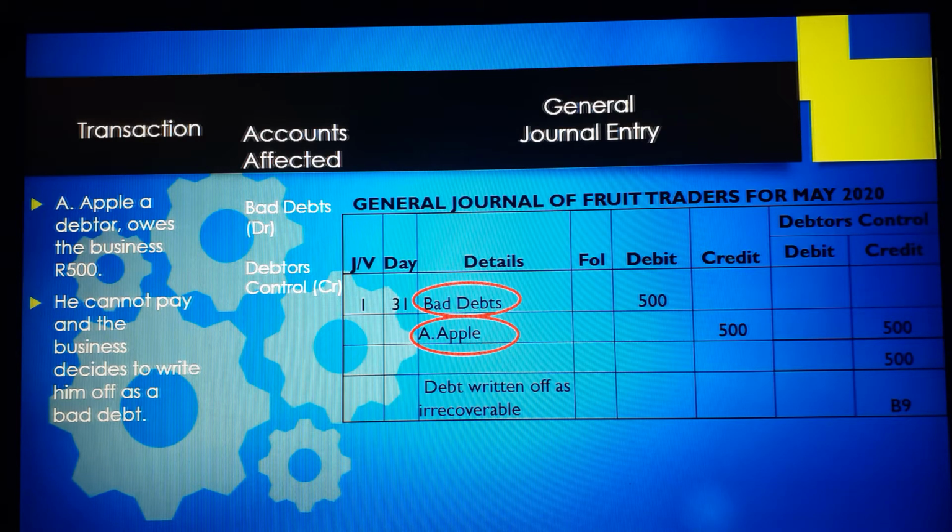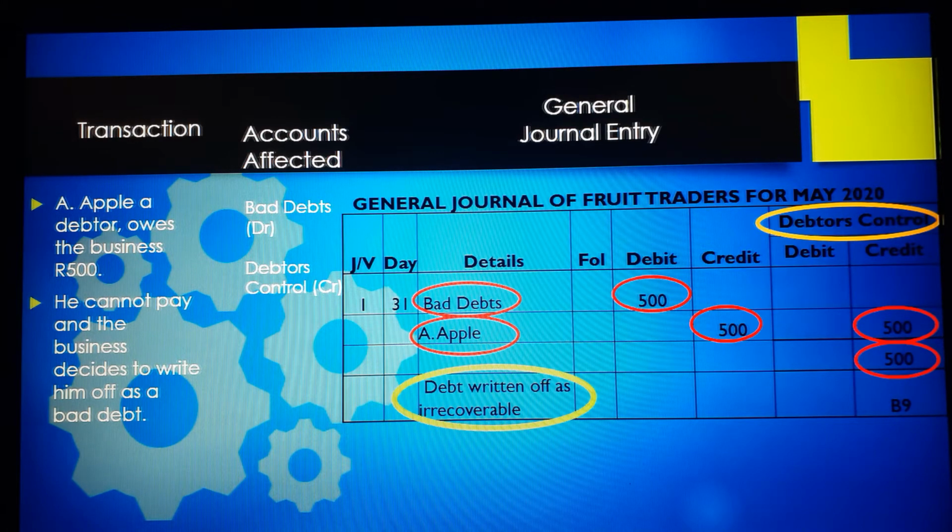And the reason we credit is because that debtor does not owe us the money anymore. As you can see in the debtors control column of the general journal, we also write 500 Rand in the credit column. And then lastly is our narration, which is debt is written off as irrecoverable.